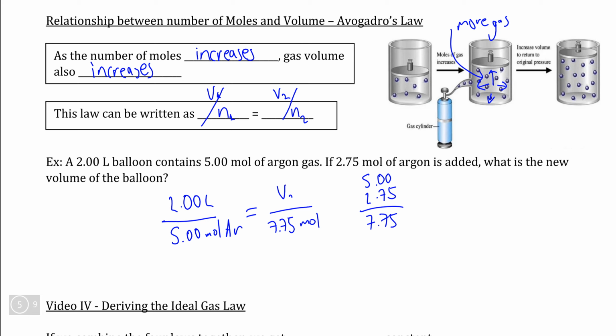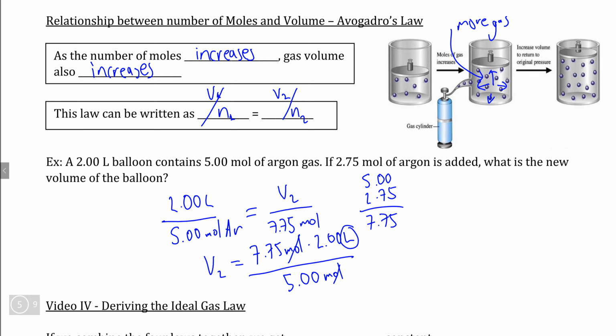and we can use this number in order to find what our new volume is going to be, and we can isolate V2 simply by multiplying both sides by 7.75 moles, which is exactly what I'm going to do here. 7.75 moles multiplied by 2.00 liters, divided by our original number of moles, which is 5.00 moles, and we see that moles cancel, and the only unit that we have left over is the final volume of gas that we're going to have.